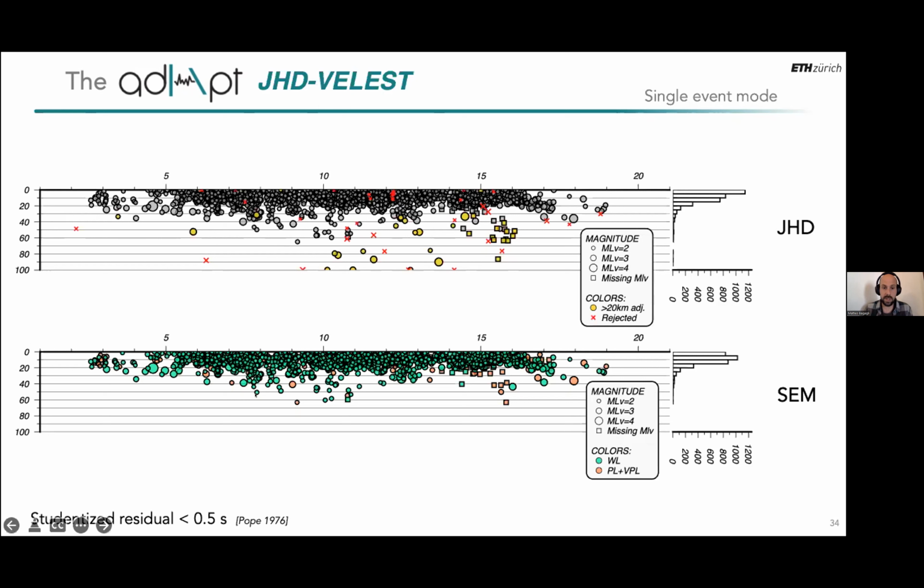The result, of course, is that most of the deepest events were pushed up and correctly located in the most probable spot.